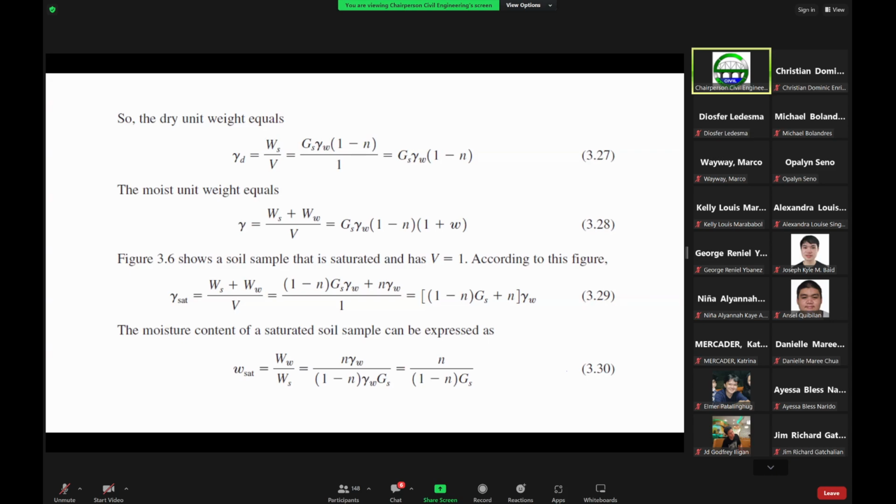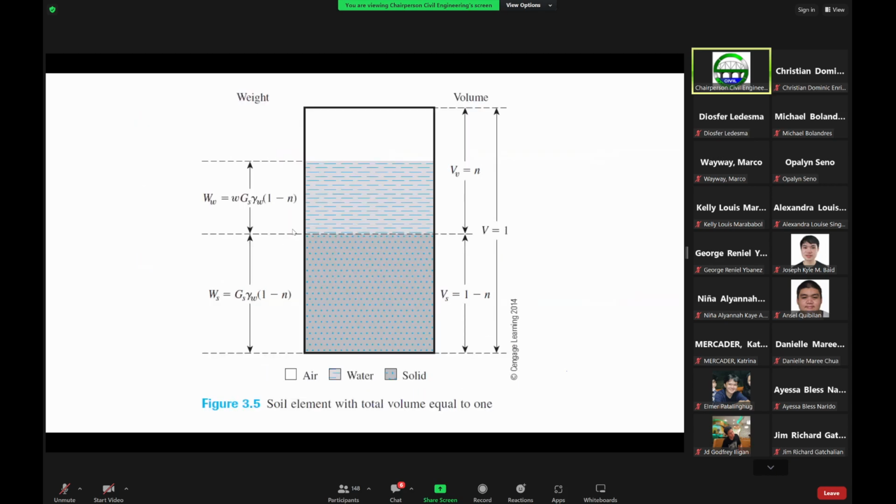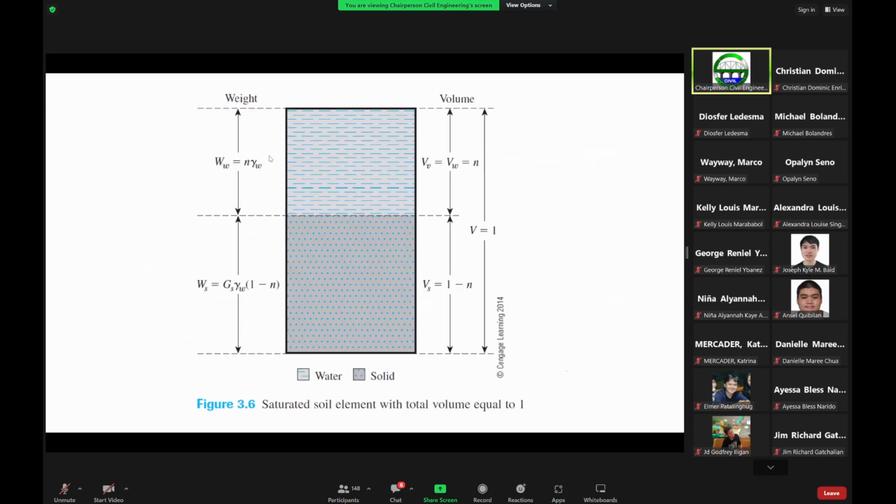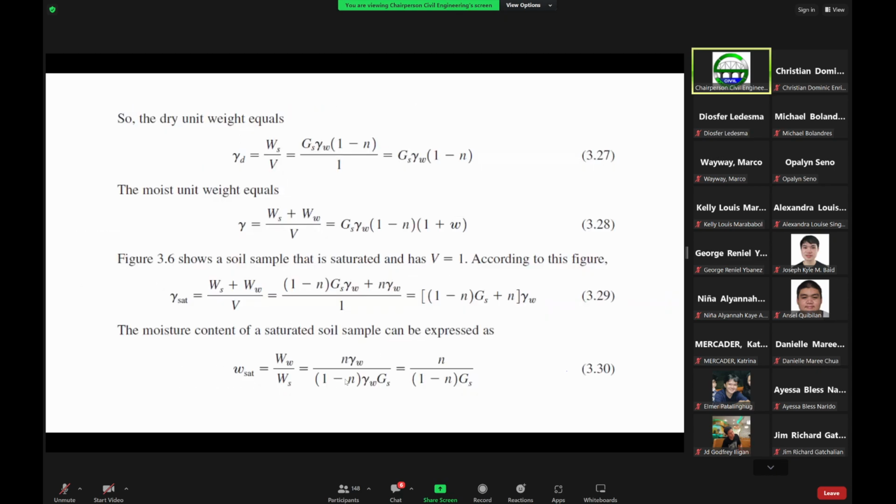If we replace these with the two formulas and substitute them here, then we can cancel out the unit weight of water. What is left is just the porosity over 1 minus porosity times the specific gravity of the soil solids. That's for the saturated water content.